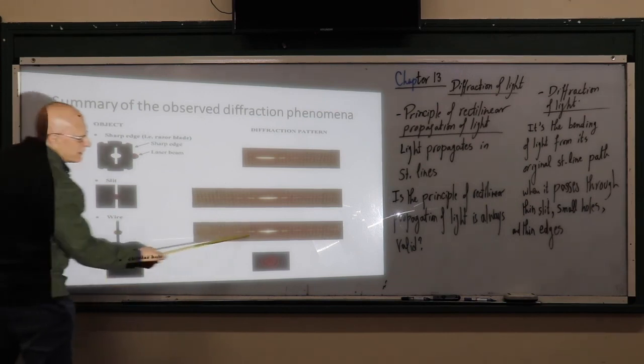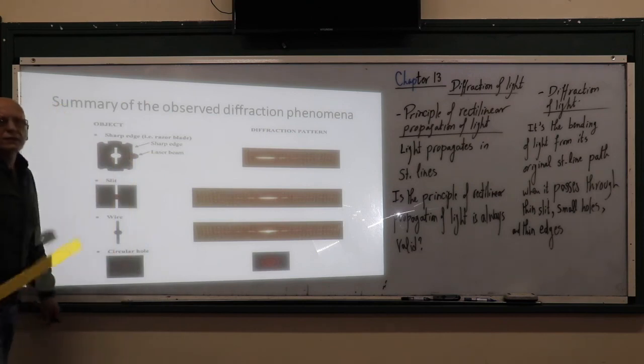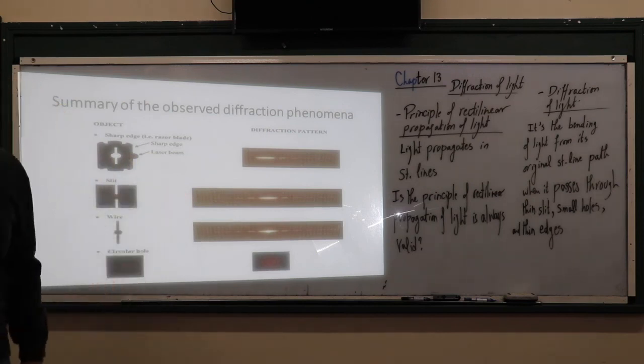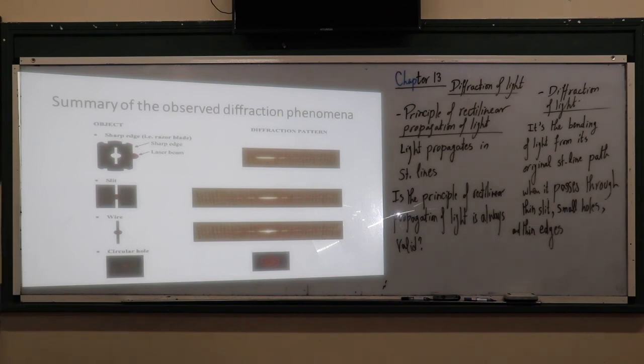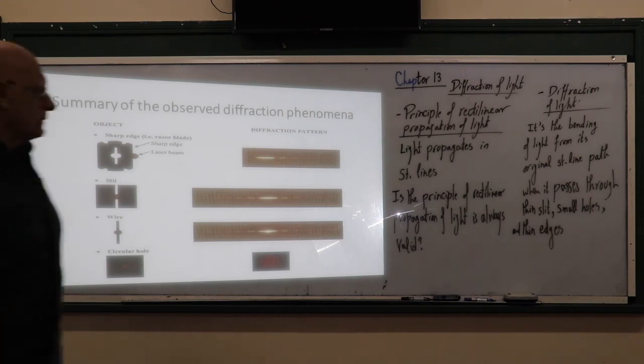Also you observe this pattern. And here you have a circular hole, also you observe this pattern. All of these observations are different from what you expect if light propagates in a straight line. Okay?